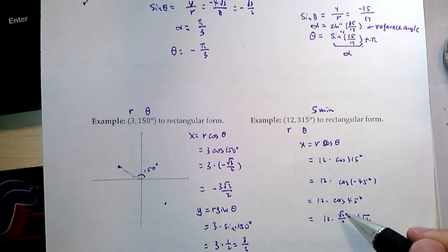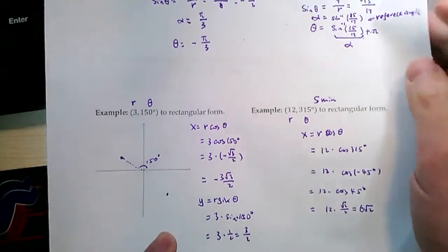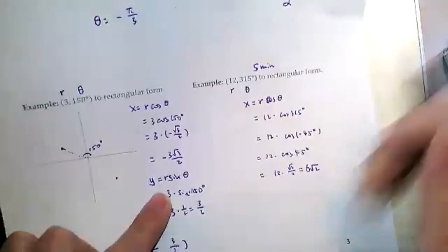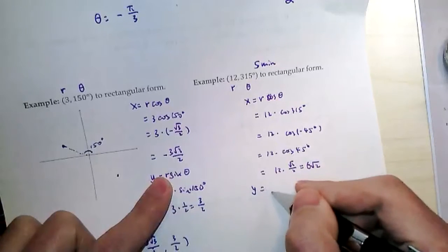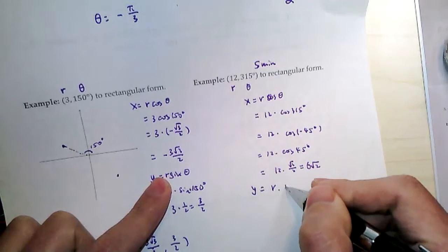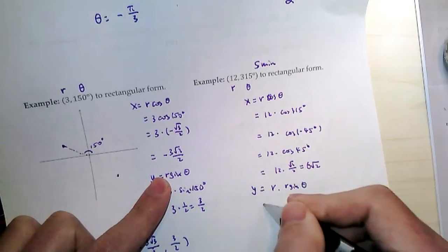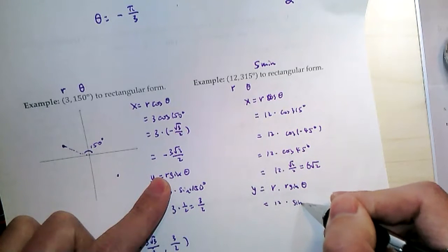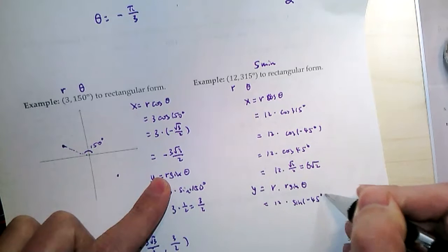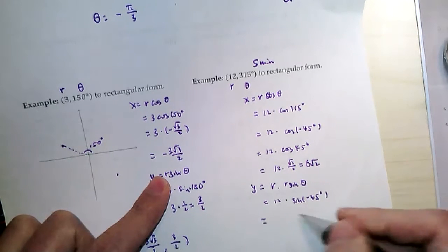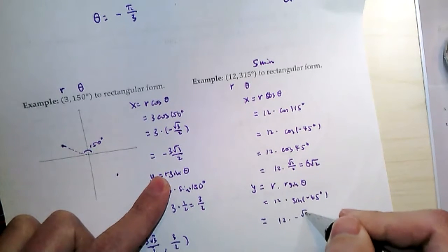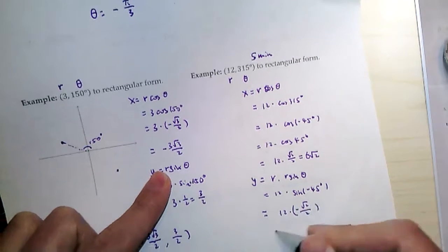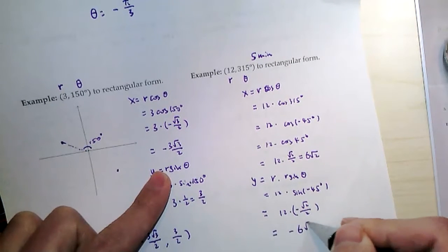Yes, it is, Professor. Very good, thank you. Similarly, we can do exactly the same calculation to figure out y. Sine negative 45 is negative square root of 2 over 2, so y is 12 times that, which is negative 6 times square root of 2.